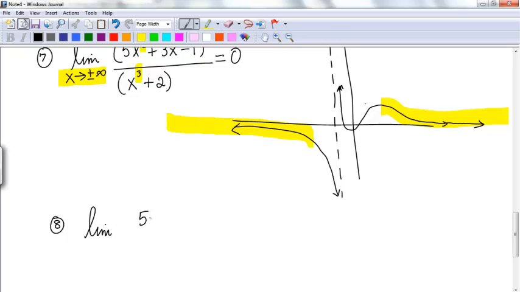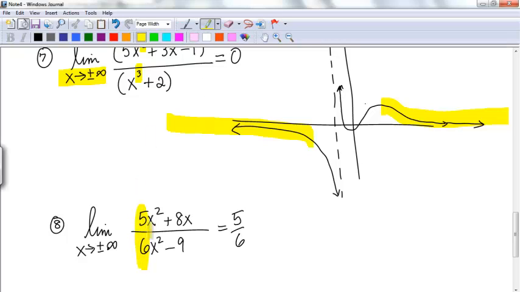If I said up in the numerator is 5x squared plus 8x, down in the denominator is 6x squared minus 9, as x goes to positive or negative infinity, by sight, it's the ratio of the leading coefficients, 5 over 6. Because those degrees are the same. The highest degrees are the same. It's the ratio of the leading coefficients.